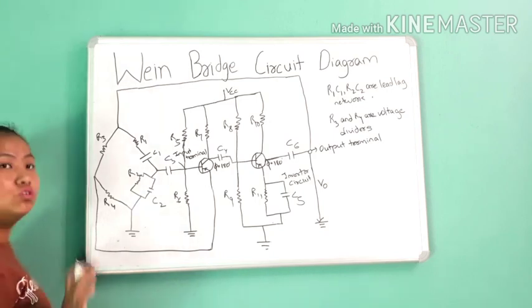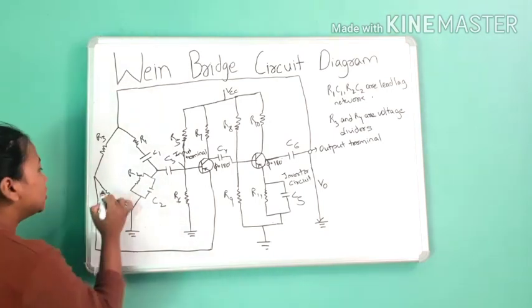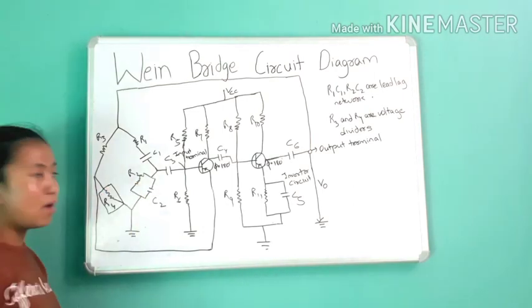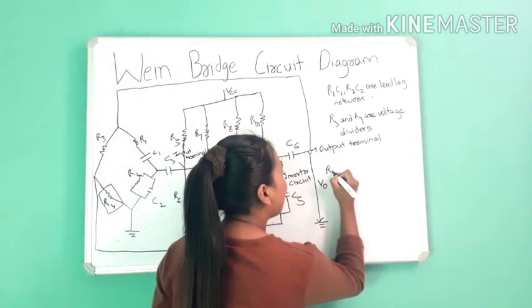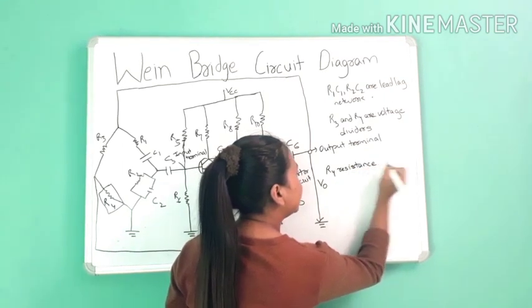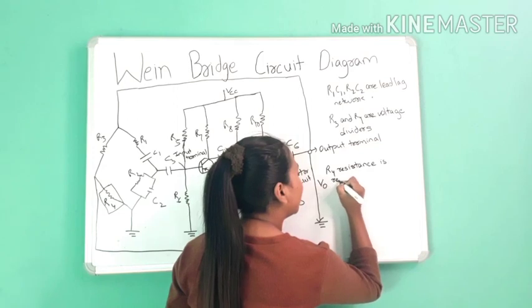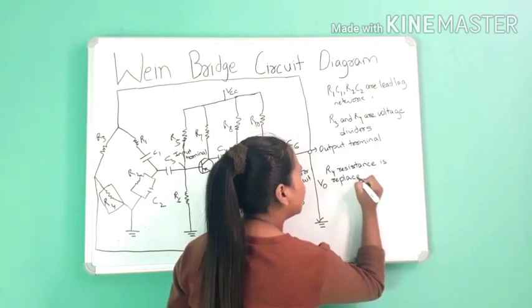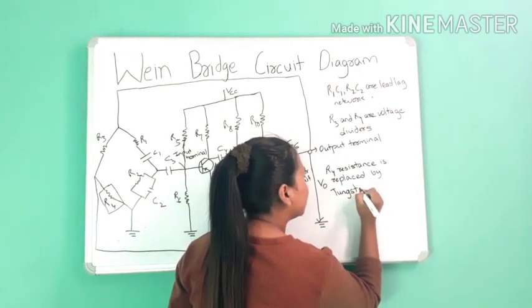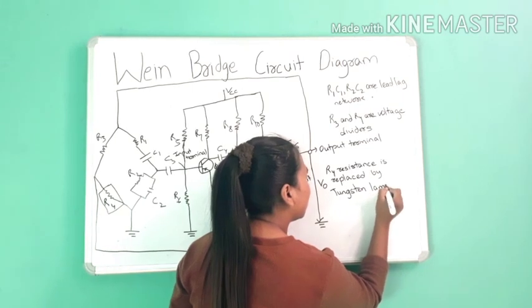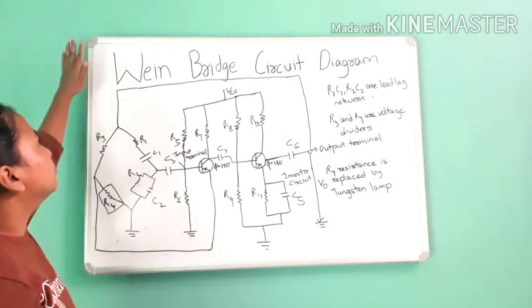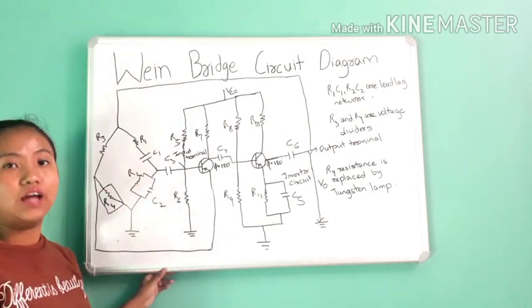And the most important thing is this R4 resistance is replaced by a tungsten lamp. So this is a complete figure of Wein bridge circuit diagram.